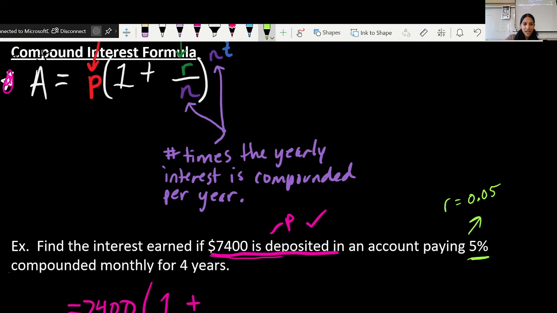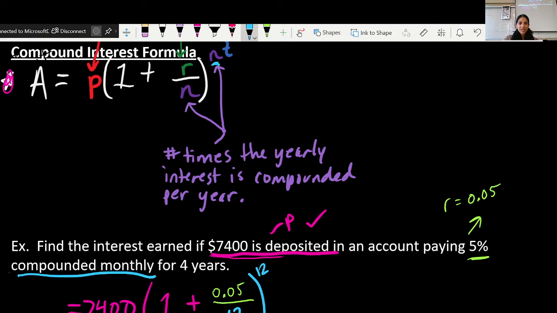So in our formula, we're going to have 1 plus 0.05 over, okay, at the bottom we have our n value, and here it's telling us it's compounded monthly. So what do I fill in for my n value? We're going to plug in a 12 here for our n value. Okay, and then also in our formula, notice there's an n value up there, so I'm going to plug in a 12 there.